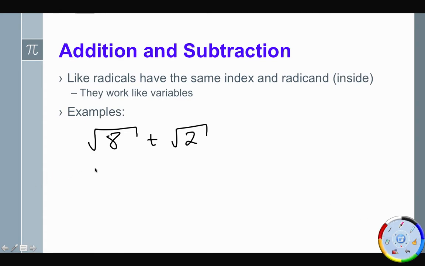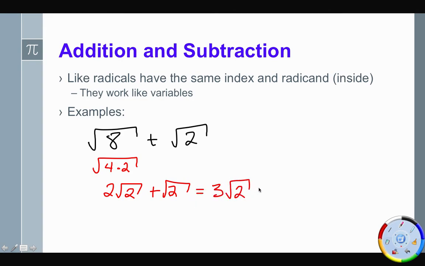The square root of 8 is really the square root of 4 times 2, which becomes 2 root 2. Then we can add the root 2 and get a total of 3 root 2.